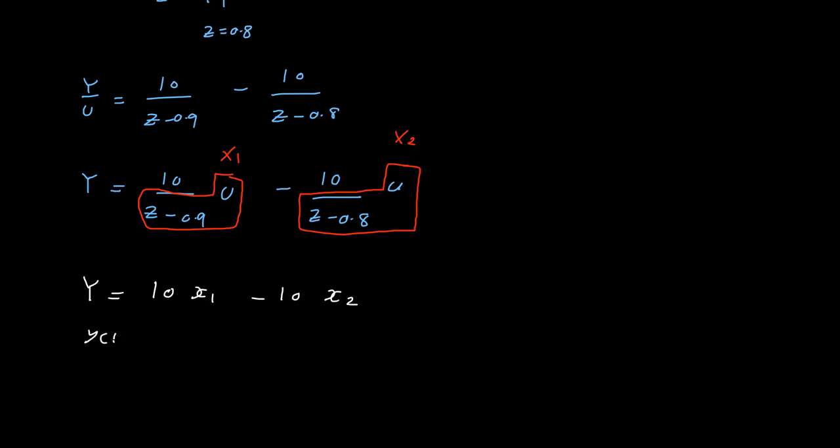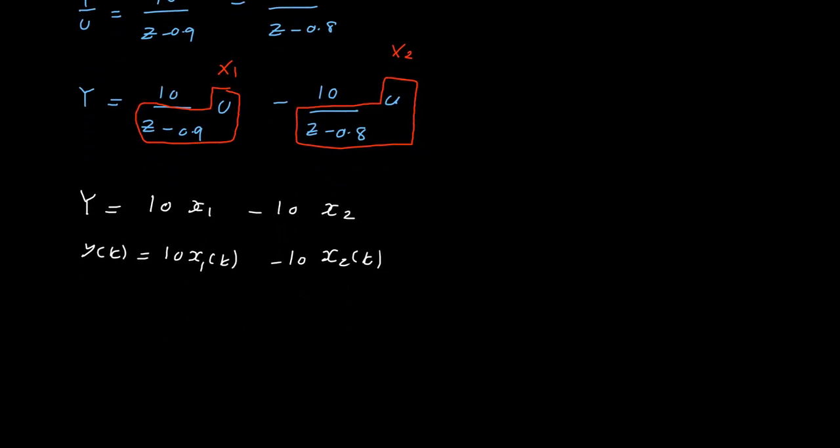So y of k will equal 10 x1 of k minus 10 x2 of k, where x1 is equal to u over z minus 0.9.